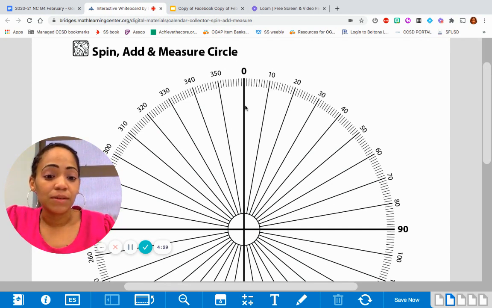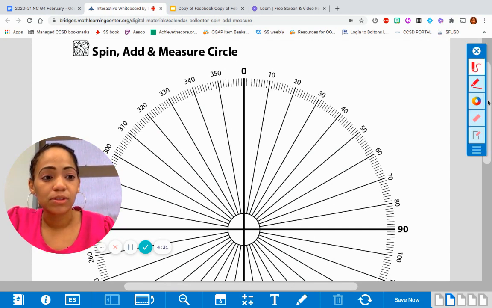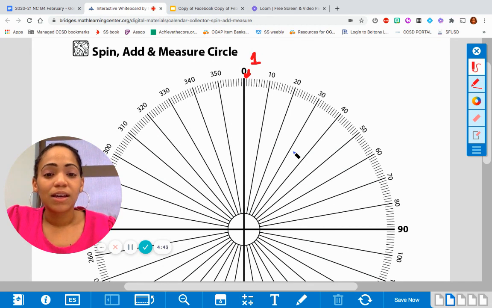What about the number 15? Where do you see 15? Let's see if I can label some of these for you. So there's 1. Okay, where's 15? I would find 15 halfway between 10 and 20. And I could count like this, 10, 11, 12, 13, 14, here's 15. This line right here that the arrow is trying to touch.